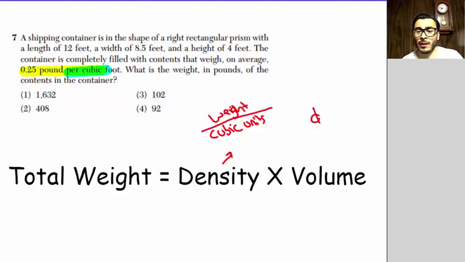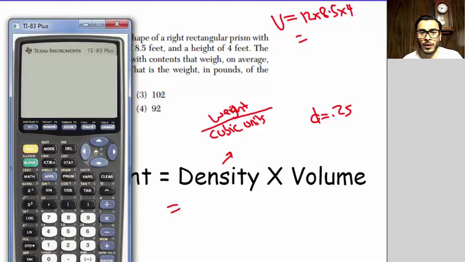So I'm just going to write over here D equals 0.25. And then the volume is something we're going to have to find in this case. It says we have a right rectangular prism with a length of 12 and a width of 8.5 and a height of 4. So then the volume is going to be equal to 12 times 8.5 times 4. And what's that going to be? 12 times 4 is 48.